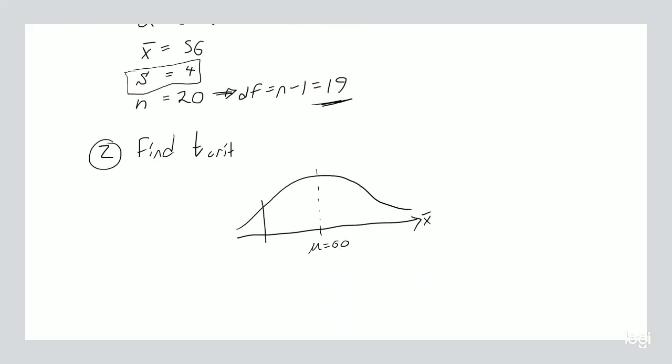Do we have a sample mean sufficiently lower than 60 for us to reject our null hypothesis? That cutoff is going to be a critical t-value. So we have to find it on the t-table, looking for a tail size of 0.05 and 19 degrees of freedom.